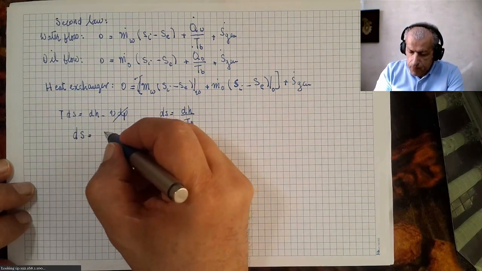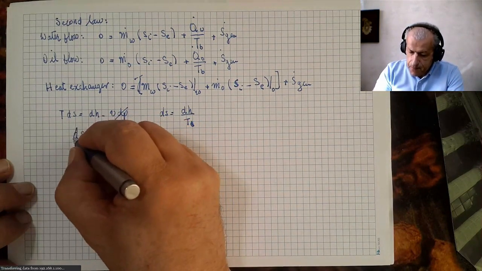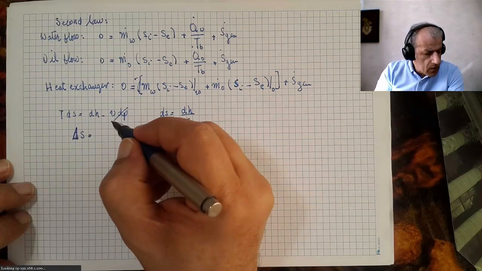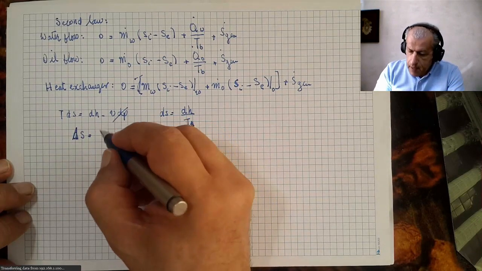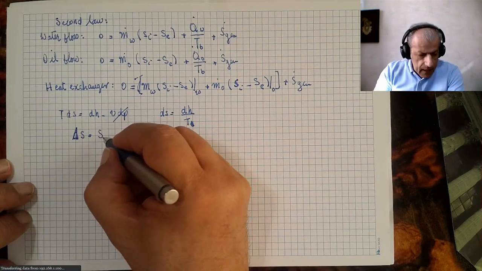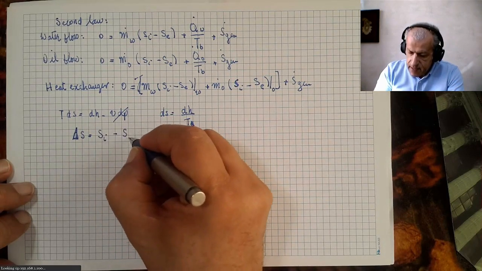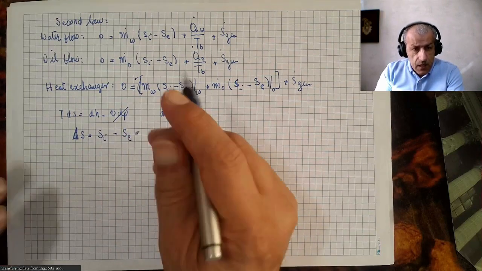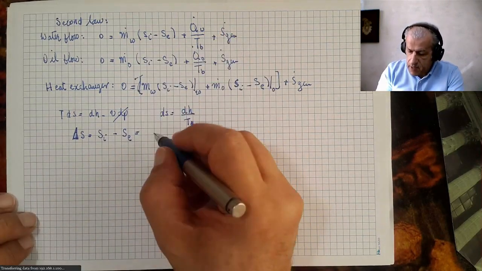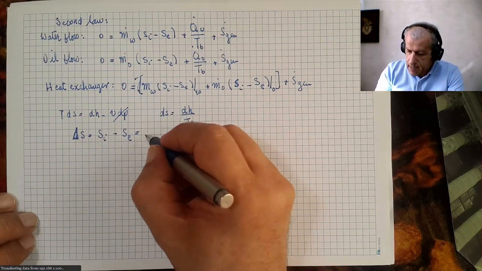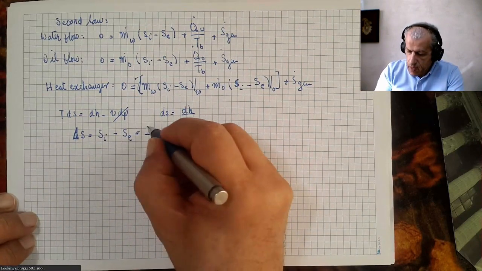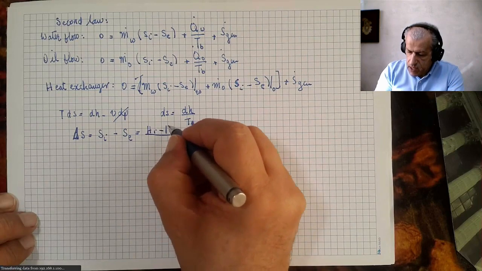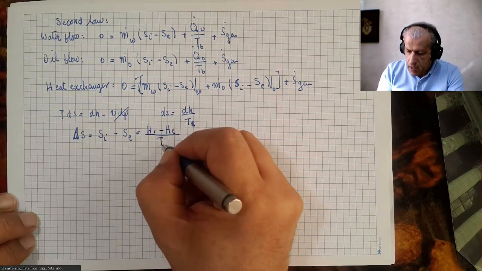Delta S would be Si minus Se. These are capital letters which indicate the extensive property S, and that equals Hi minus He divided by the temperature.